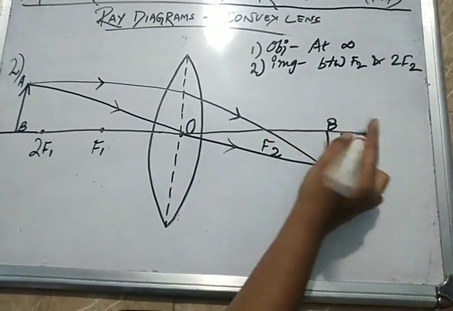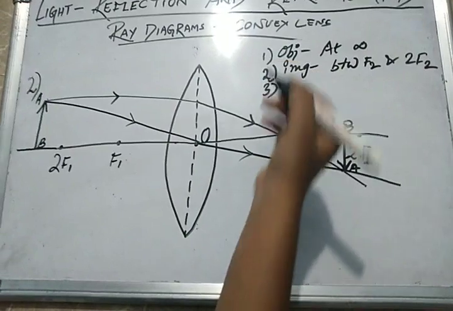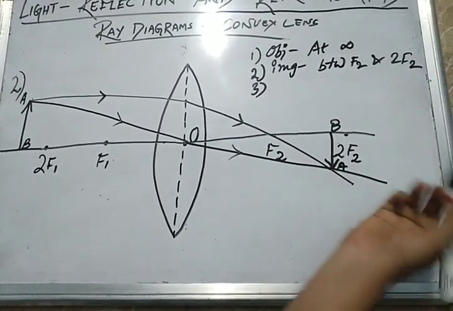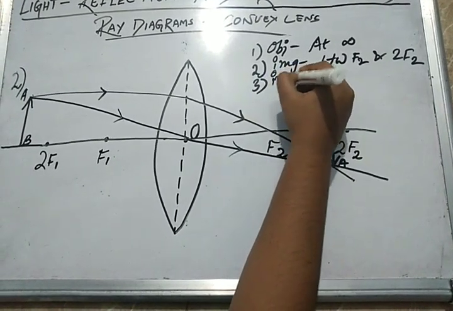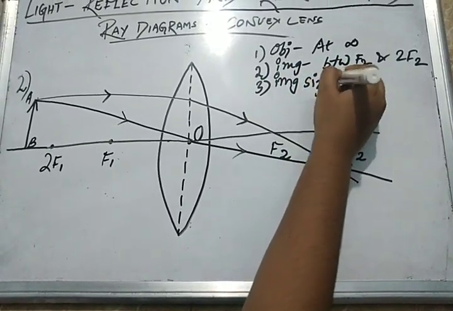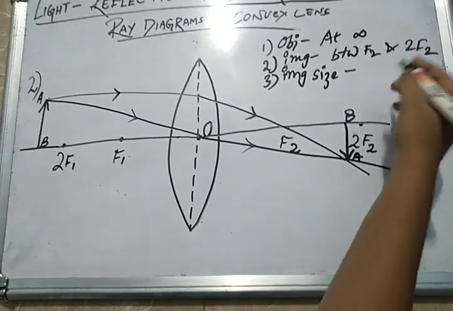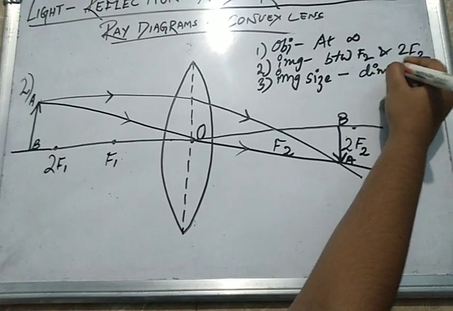Somewhere between these 2 points the image lies. Third one. How is the size of the image? The image is diminished. It is smaller than the object. So diminished.